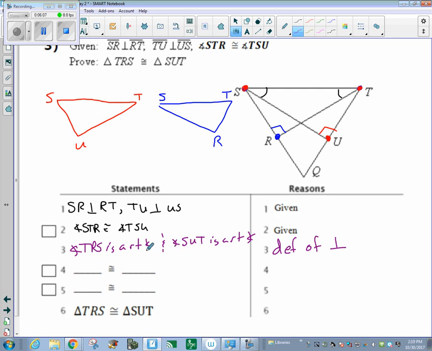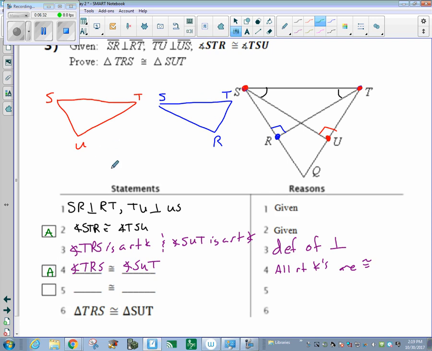Now that we have that these guys are both right angles, well, we can go down here and say that angle TRS and angle SUT are congruent to one another by all right angles are congruent. And so that leaves us with two angles, angle here, angle there.